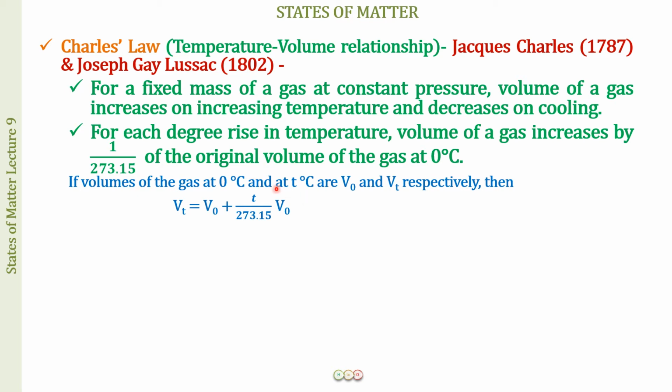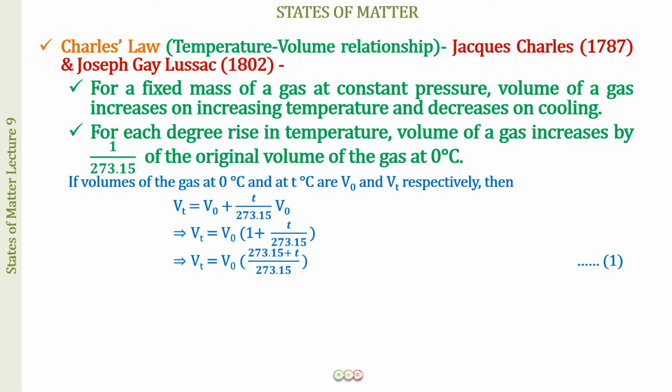I hope now you understand how we have got this. So mathematically, we can also write this as Vt equal to V naught into (1 plus T by 273.15). I have just taken V naught to be common, and also I can write this as V naught into (273.15 plus T) over 273.15. Right?